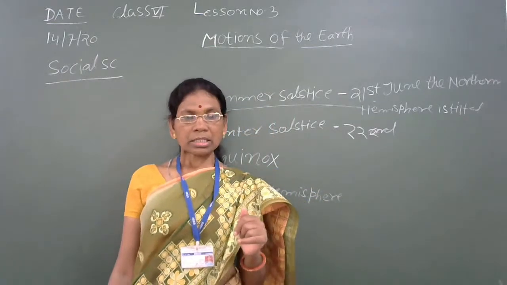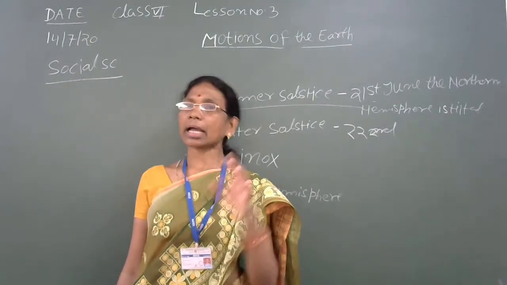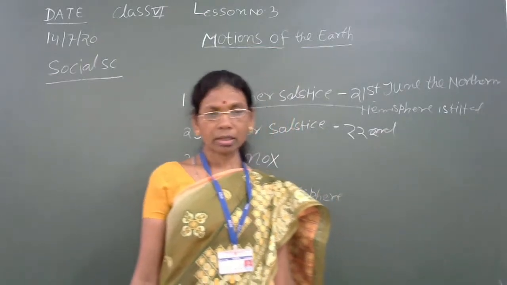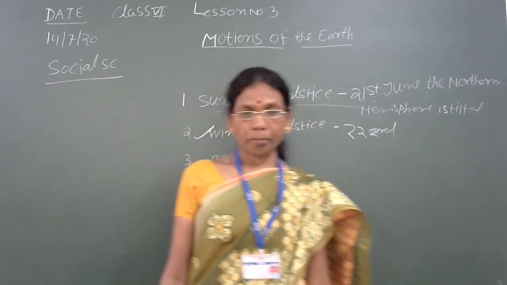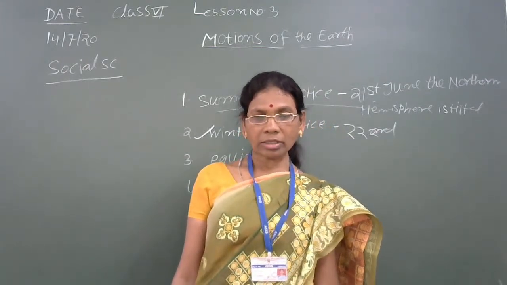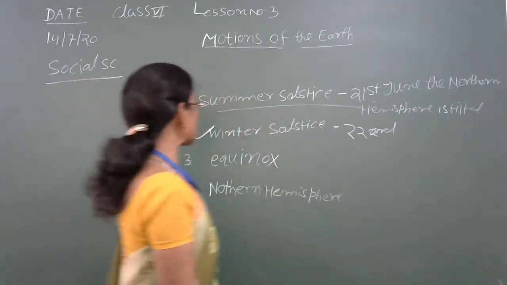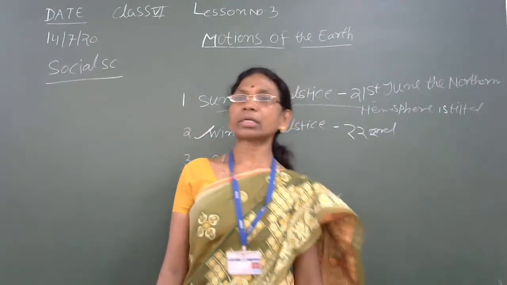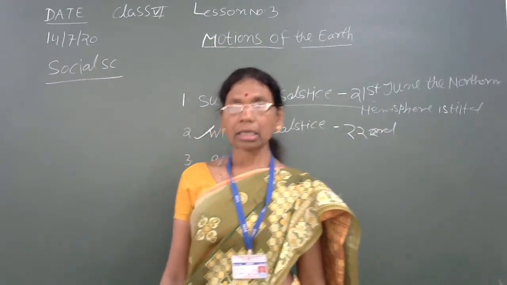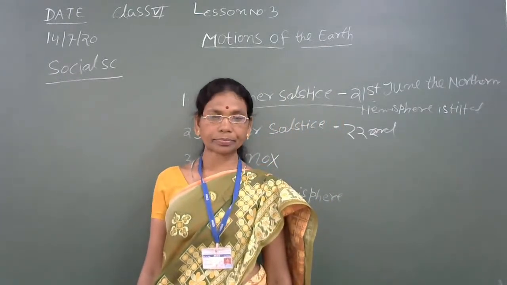Underline the point: southern hemisphere with the longer days and shorter nights. In the northern hemisphere it is winter. Now these positions of the earth, that is called winter solstice.